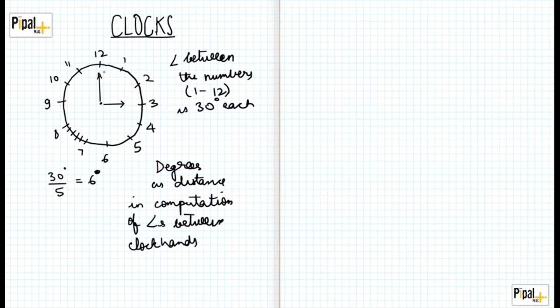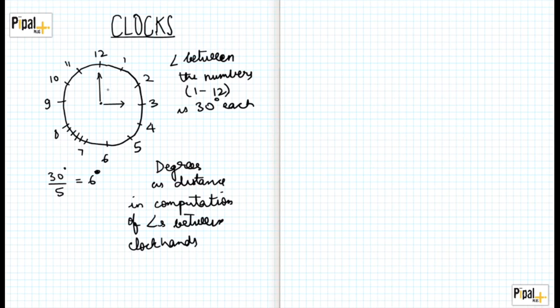So clearly, if one of the clock hands is facing 12 and the other clock hand is facing 3, then the angle between these two clock hands, or the distance between these two tips, is equal to 90 degrees. So all the concepts of relative speed and relative distance are going to be applicable in clocks. The only difference is that instead of measuring the distance in meters, we are going to measure the distance in degrees, right? Now, let's look at the hour hand and the minute hand.